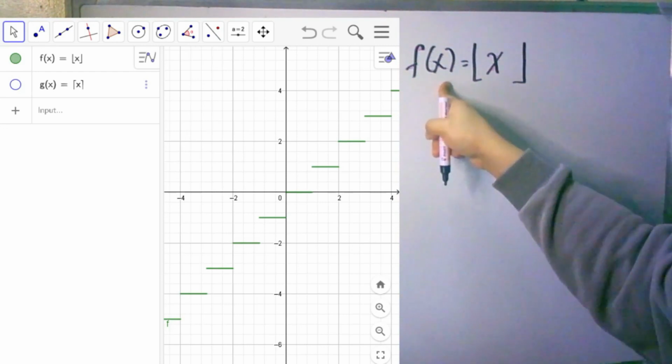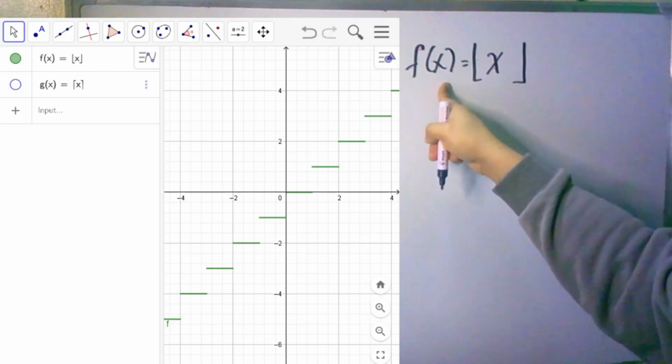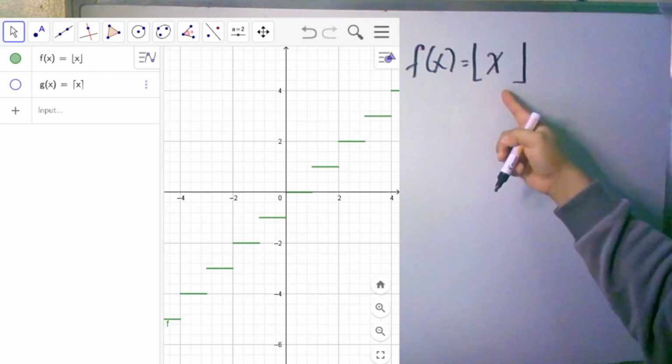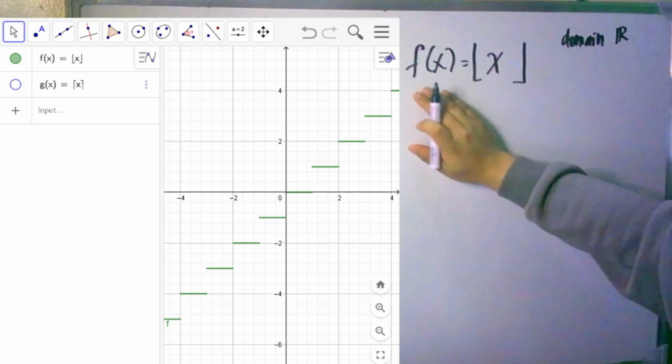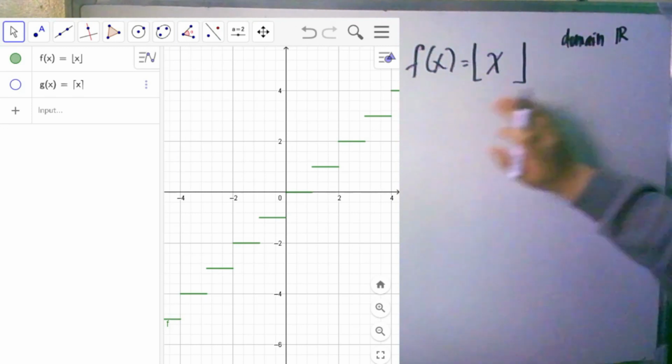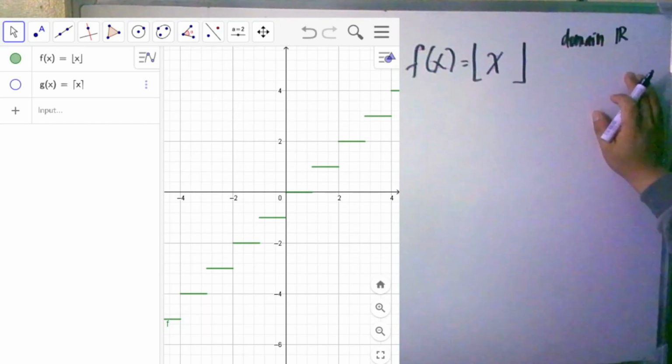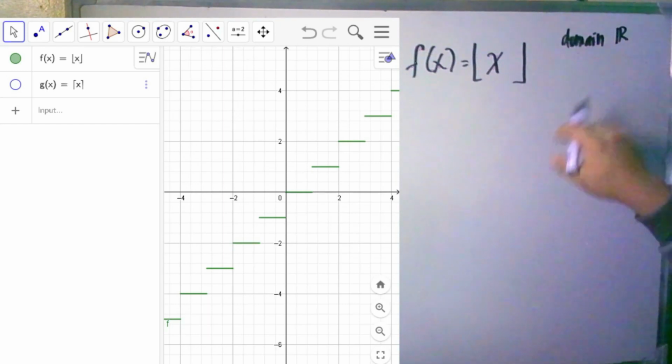For this particular special function, the domain is the set of real numbers, but the output is not necessarily any real number, such as the irrational numbers, for example. Why is that? Because this is called the greatest integer function.